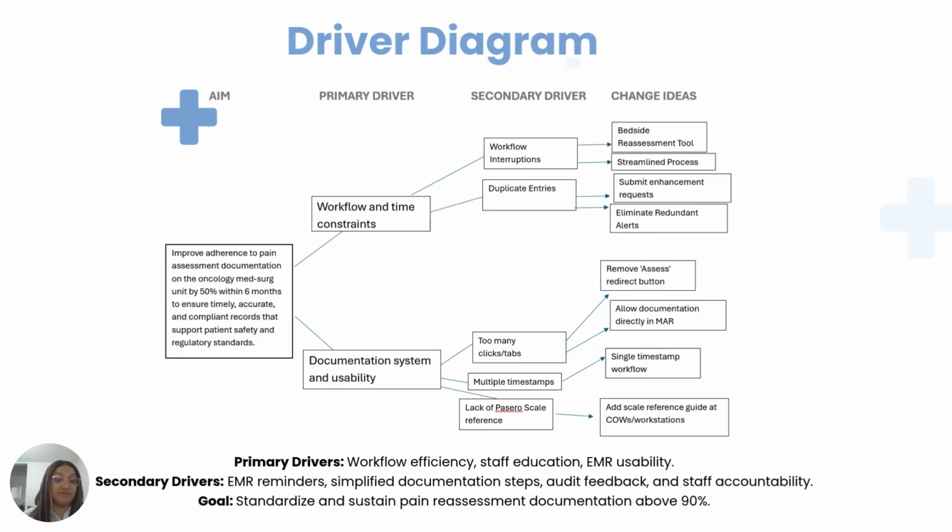The primary drivers are workflow and time constraints, staff education, and EMR usability. The secondary drivers are EMR reminders, simplified documentation steps, audit feedback, and staff accountability. And the goal is to standardize and sustain pain reassessment documentation above 90%.